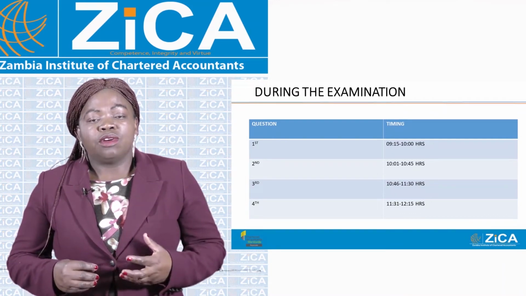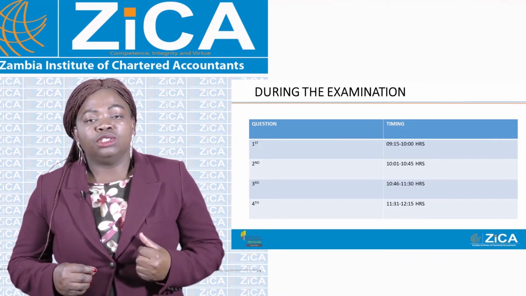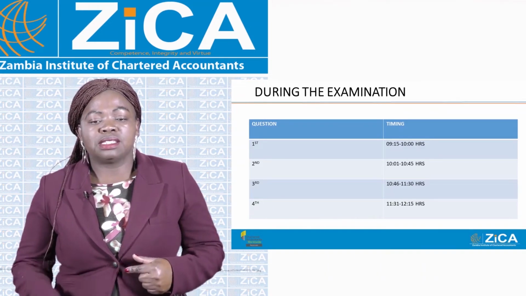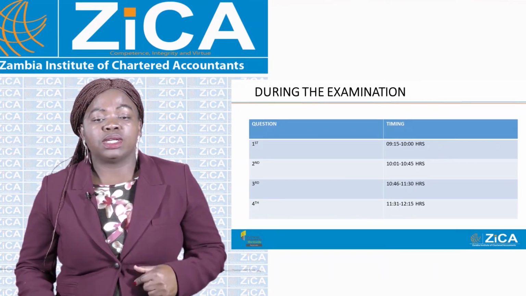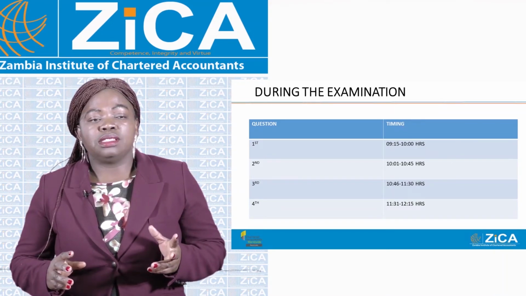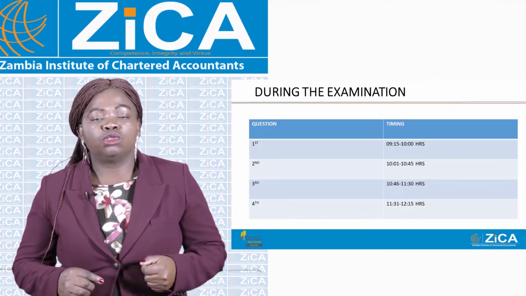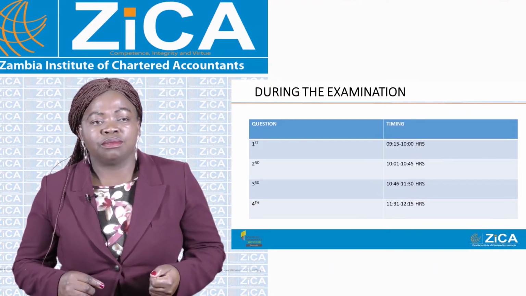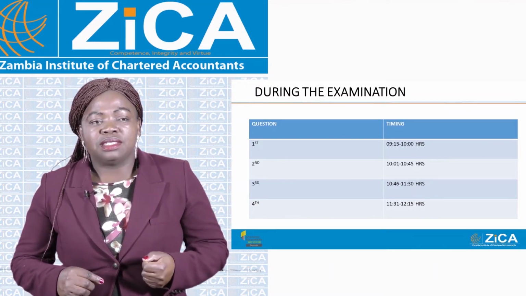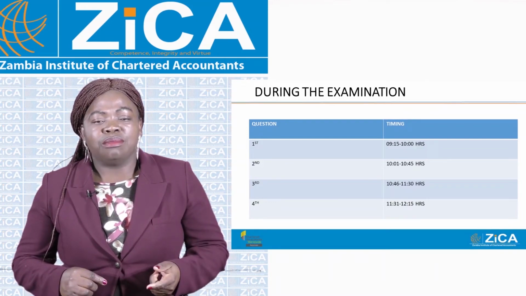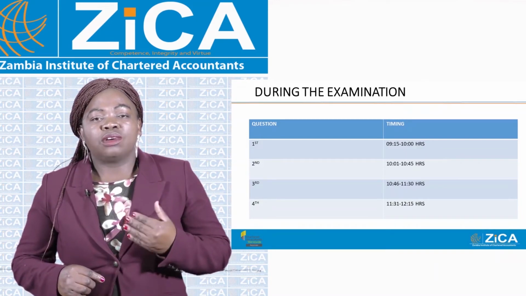By doing this kind of planning, you ensure that you do not spend unnecessarily too much time on any single question. And so your time is equally spread across all the questions, giving you an opportunity to attempt every question. It is very sad if you are a candidate in the exam and you discover you have run out of time.